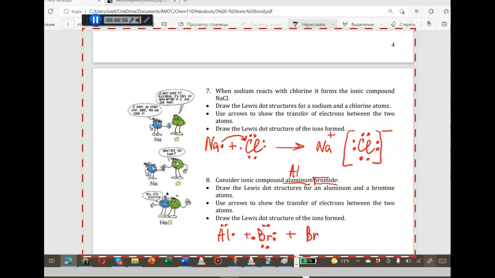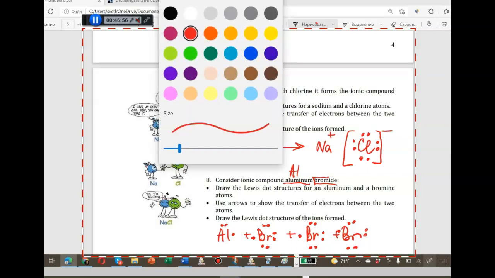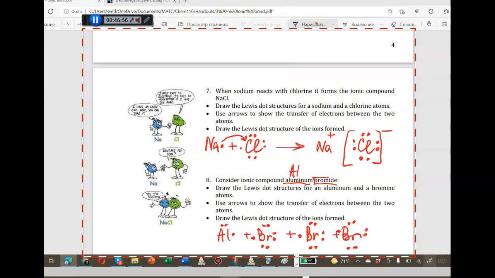So 1 and 1 more. 1, 2, 3, 4, 5, 6, 7. 1, 2, 3, 4, 5, 6, 7. And these electrons, let's take another color. So these electrons go here, 1, 2, and 3. Can you see this?